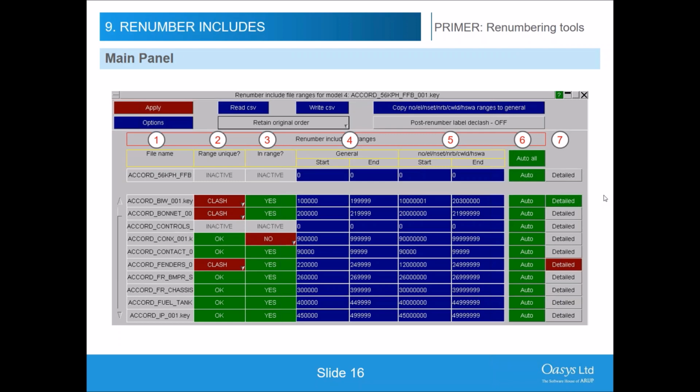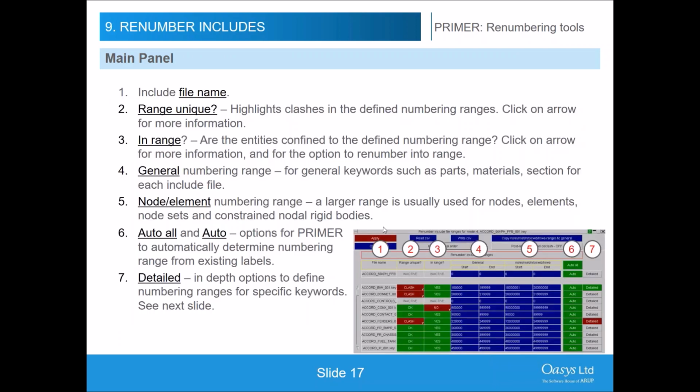And button 7 is a detailed option if you want to dig into the specific keyword types within each of the includes. You can click on that, and we'll go into a little bit more detail after this. So this is just the list that I've been through, label 1 to 7.